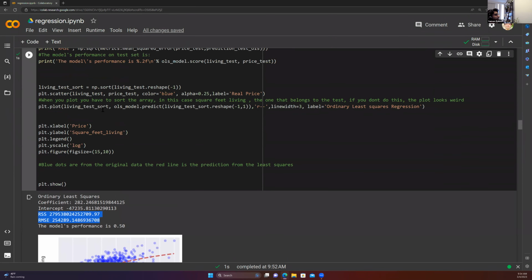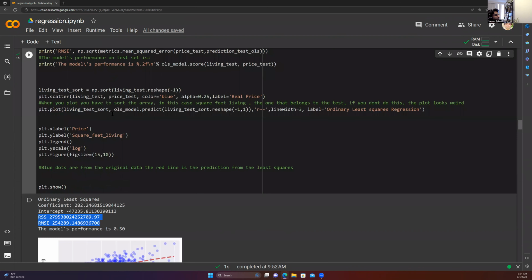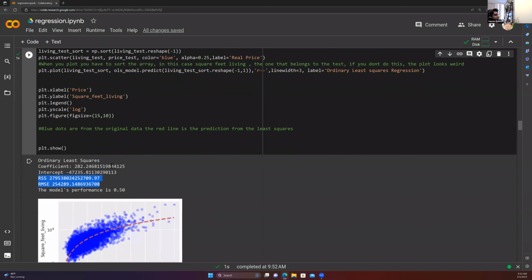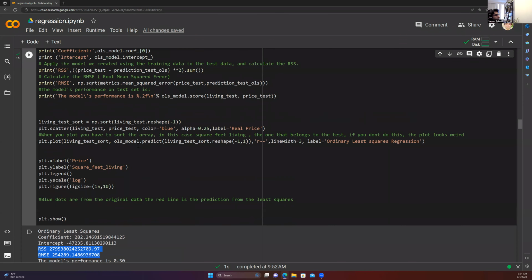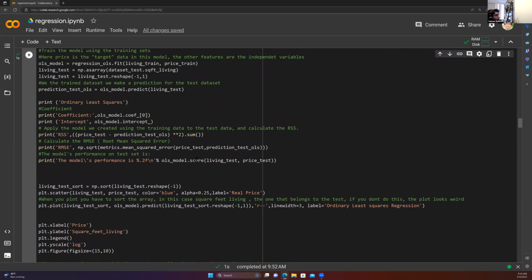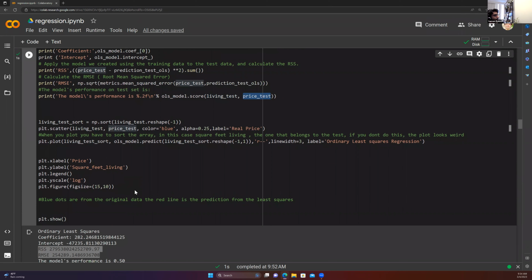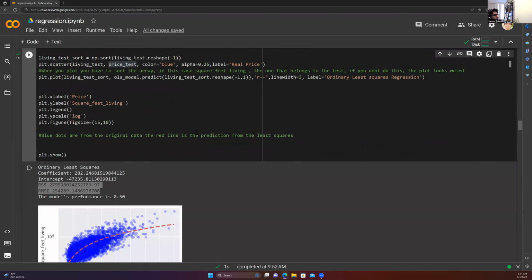And again, scikit-learn will give you this flexibility to apply this function on top of this model and get the accuracy too. So in order to do that, if you see, I use this OLS model dot score on top of the test set that I have to see the accuracy of my model.